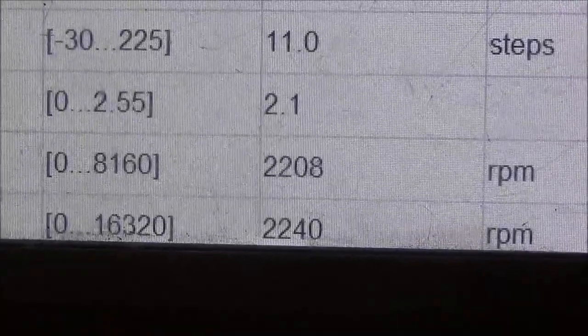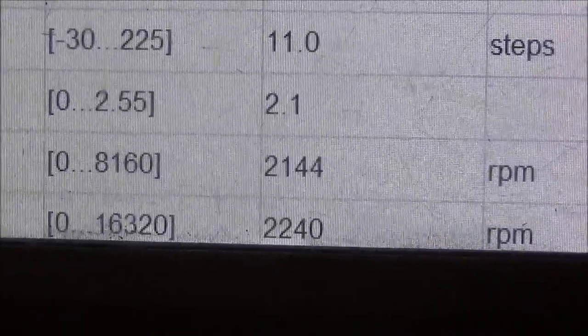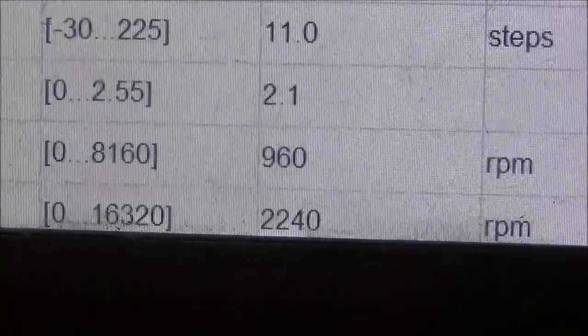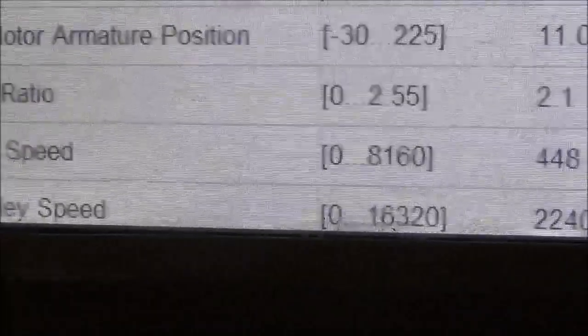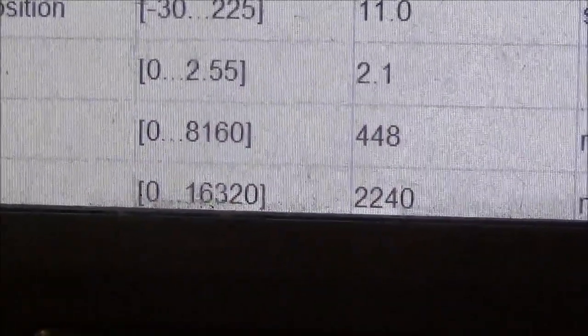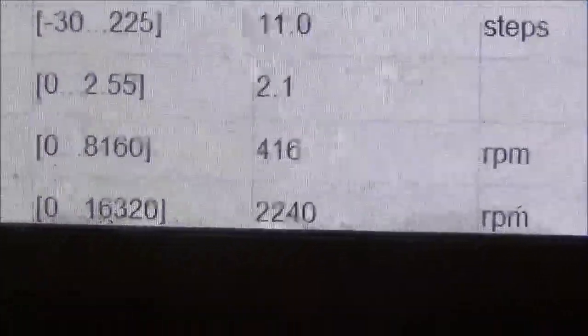The primary is moving, but the secondary is not moving. Maybe it was just stuck at that RPM or not. Okay, so the primary pulley is 448 RPMs. Secondary pulley is not moving. Of course it won't move.